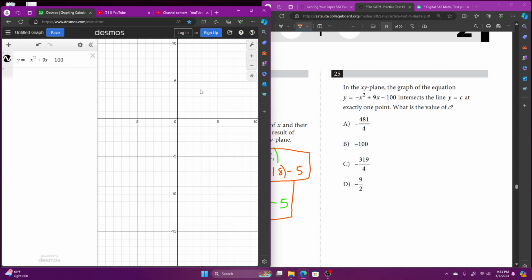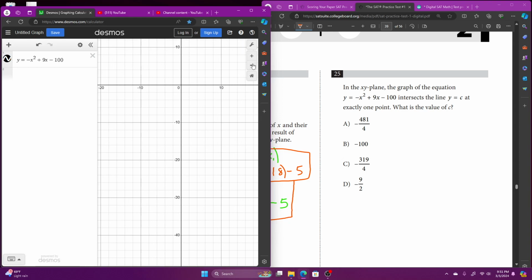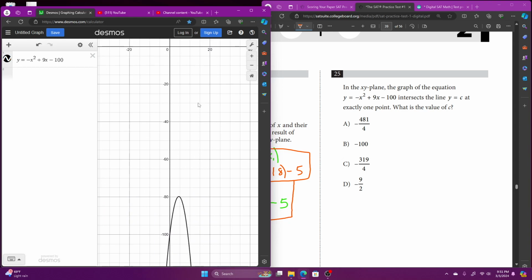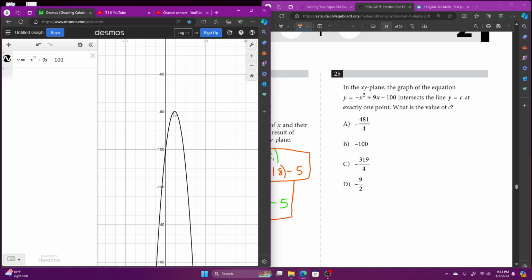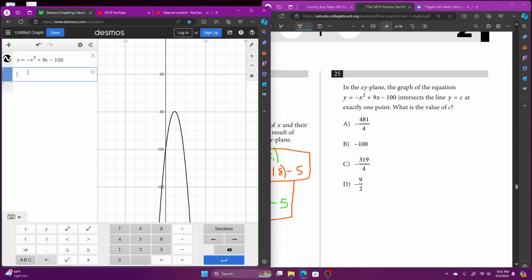Looks like it jumped down here to about 79.75. So our line would need to be y equals negative 481 over 4.